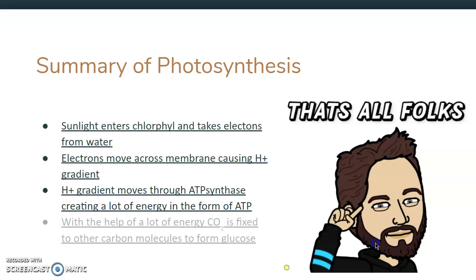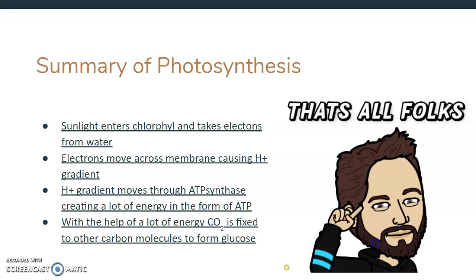So just a quick little summary. This is the level at which I want you guys to understand this very complicated process. Our sunlight enters our chlorophyll and takes the electrons from water. Those electrons move across our membrane, causing a hydrogen H+ gradient. That gradient moves the hydrogens through our ATP synthase, creating a lot of energy in the form of ATP.